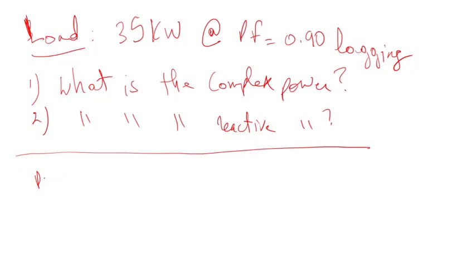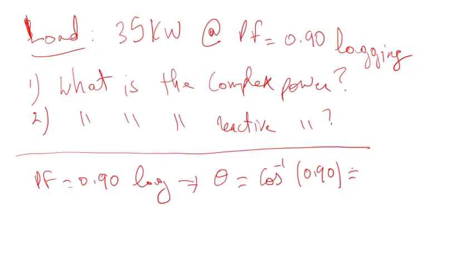Well, power factor is equal to 0.90 lagging. So I'm just going to put lag. Means the angle theta is equal to inverse cosine of 0.90, which is equal to 25.84 degrees. Note, this is just a note, why it's important to say lagging or leading.